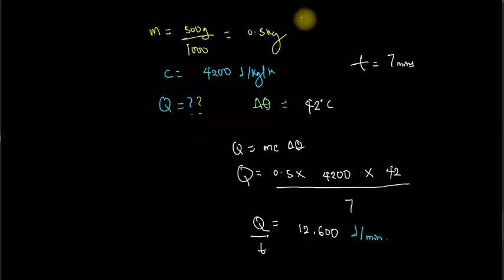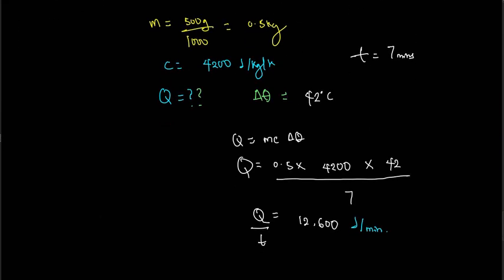So I want you to know that heat energy has alternative formulas, which means any formula for energy can be used. Let me tell you what I'm talking about. So Q is the quantity of heat energy.